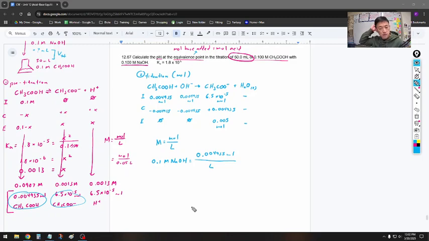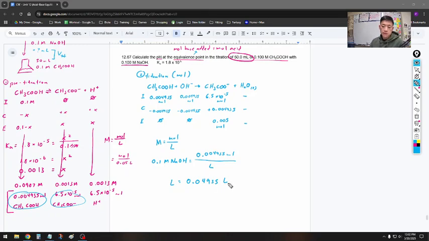See if you can pause the video and calculate the volume of base that you added. Okay, so this is what you guys should get, about 49 milliliters.